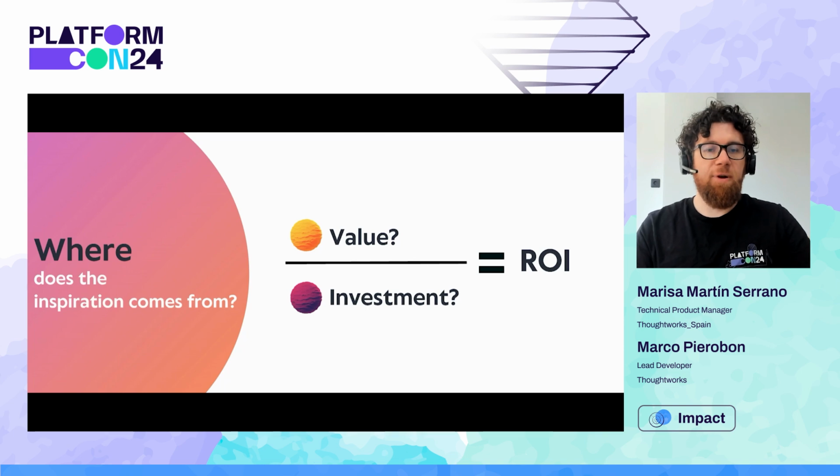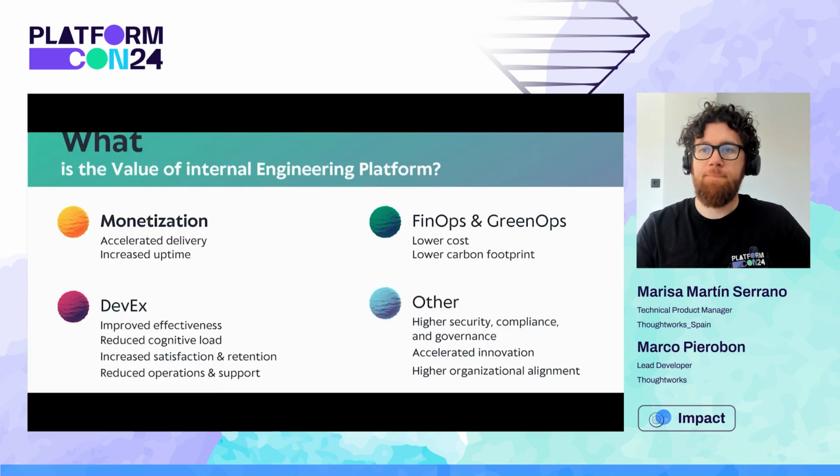So looking at the formula for the ROI, let's focus on the value part, aka the dividend in the equation. So what is the value returned by an internal engineering platform? We can think about it in terms of monetization.